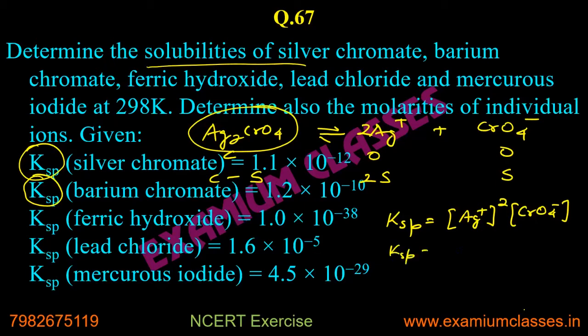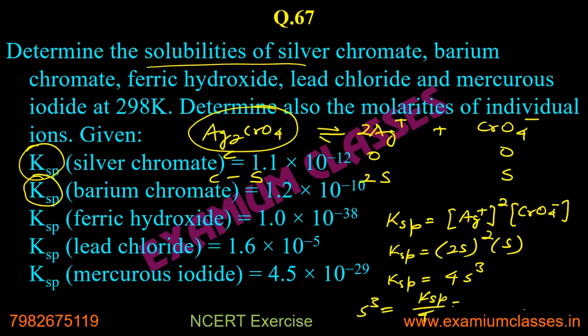KSP equals 2S whole square into S, meaning KSP equals 2 to the 4, S square into S, which is 4S cube. Means S cube equals KSP divided by 4. For silver chromate, the value given is KSP 1.1 into 10 to the power minus 12, divided by 4.